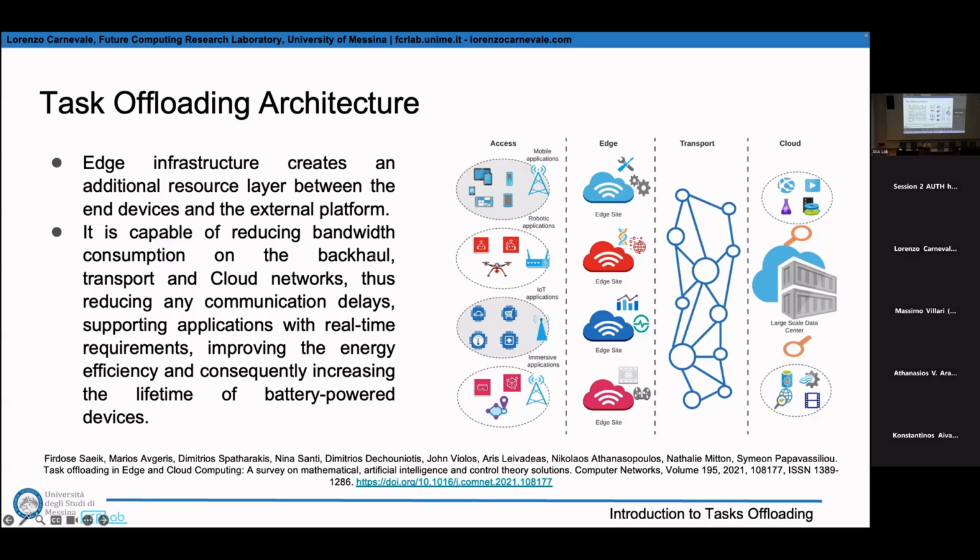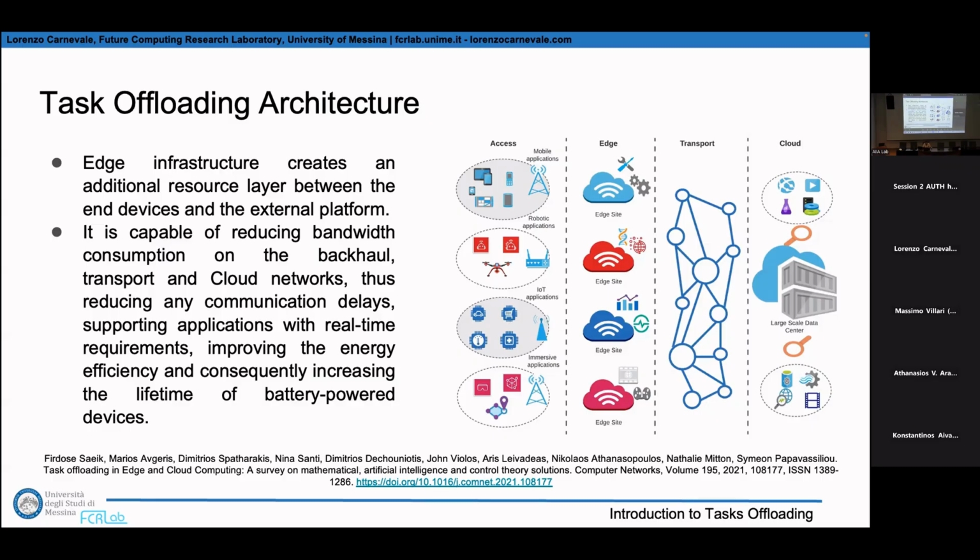With edge computing, we can reduce, of course, the bandwidth consumption, and we can then optimize the transporting of data and computation to the cloud using the cloud network, and of course reducing also the communication delay. So this is an advantage when we have devices that are battery powered, okay?